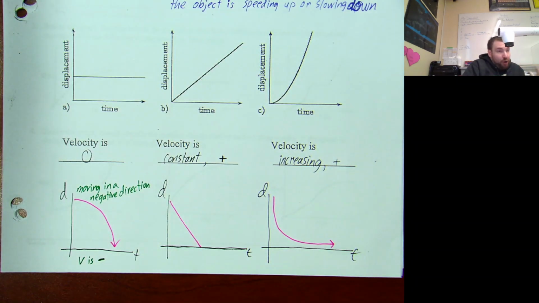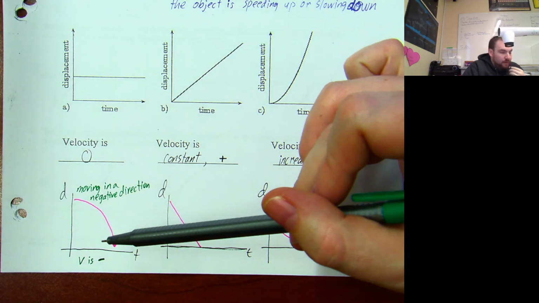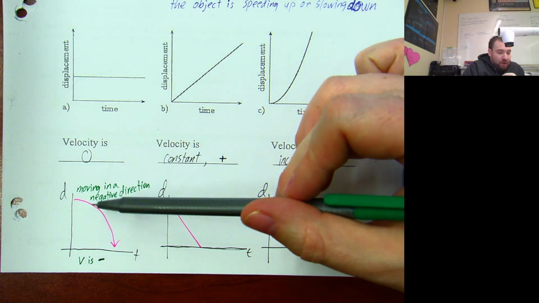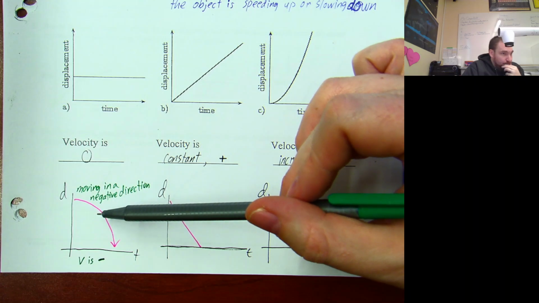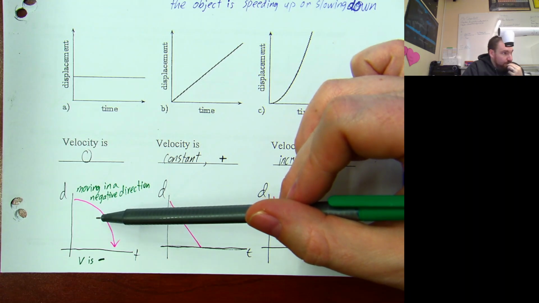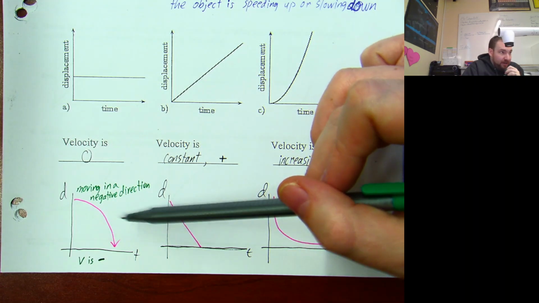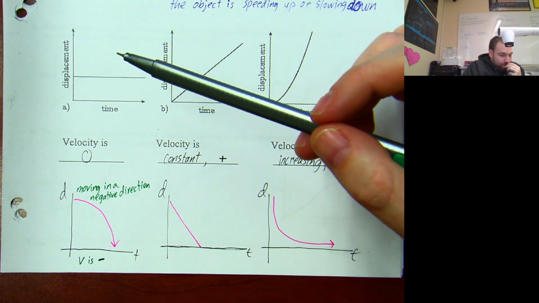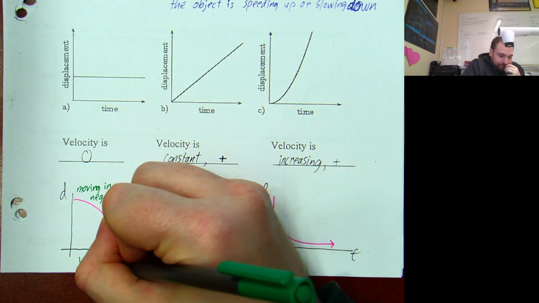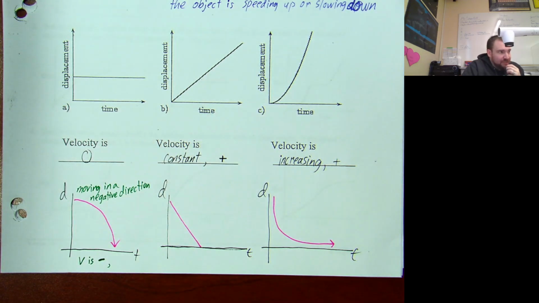Now, if we look at the slope, we can talk about how it's moving. How is the slope acting on this line here? Yeah, Connor. The speed is decreasing. That's not what I asked. I asked what the slope was doing. Is the slope decreasing?